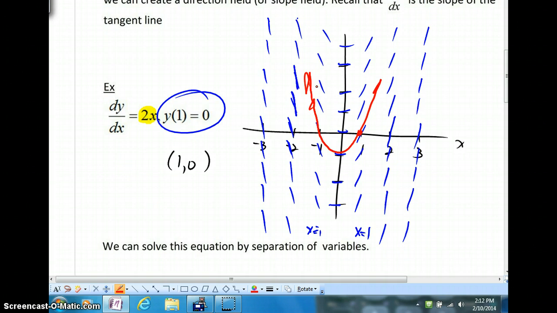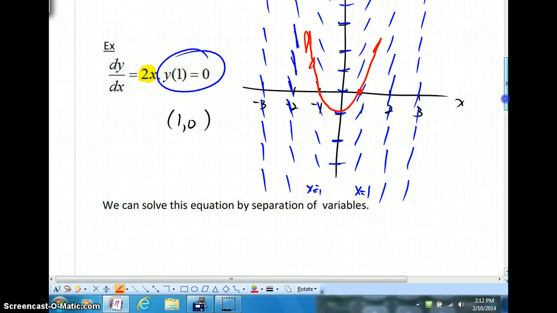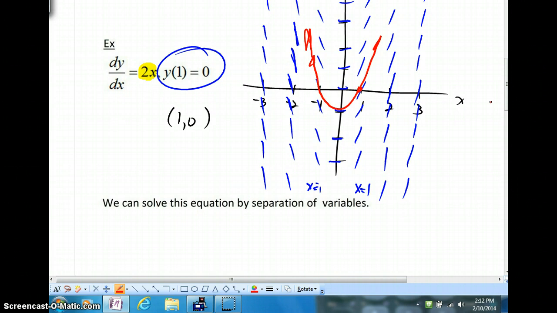And of course, we could continue to direct that up. You might envision that it looks kind of parabolic, and just following that pattern. But we are containing the point (1, 0) on that curve. And of course, there are infinitely many solutions to this type of problem, but only one that is going through the point (1, 0) from what we can tell.